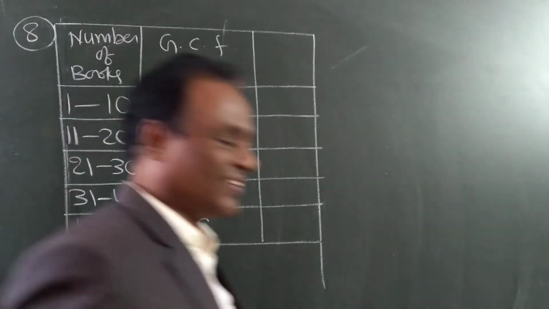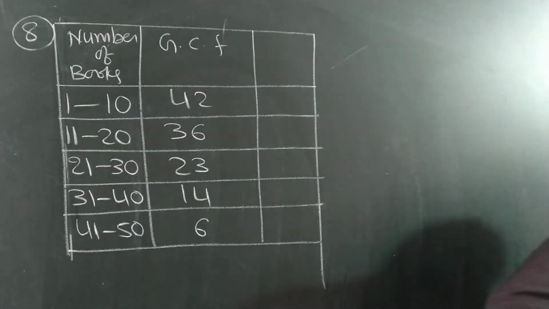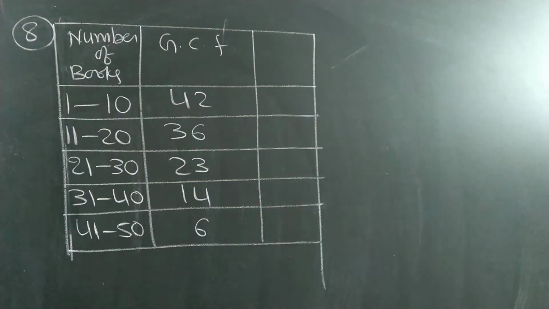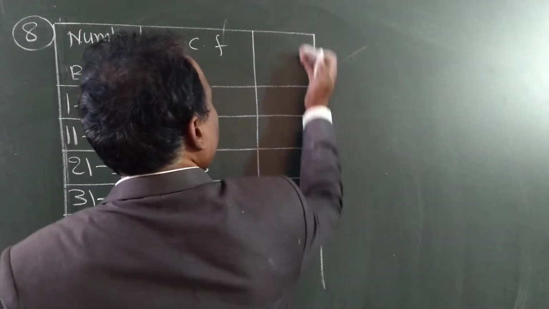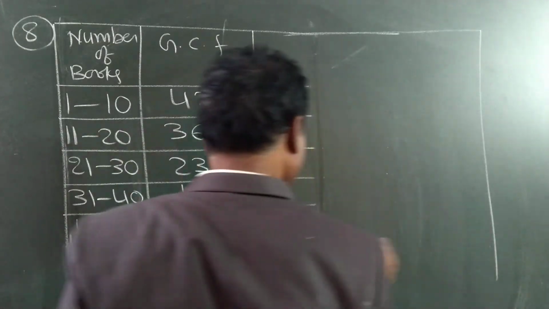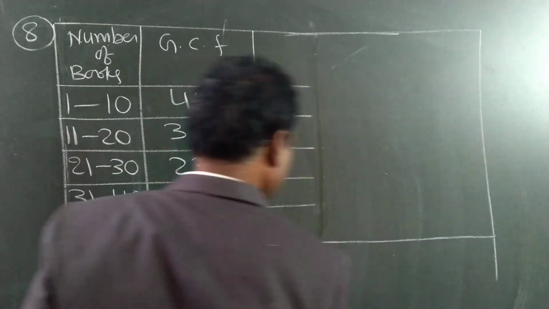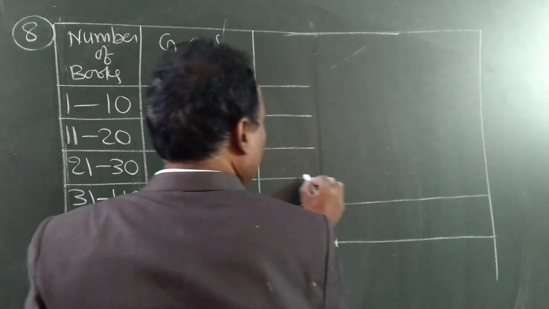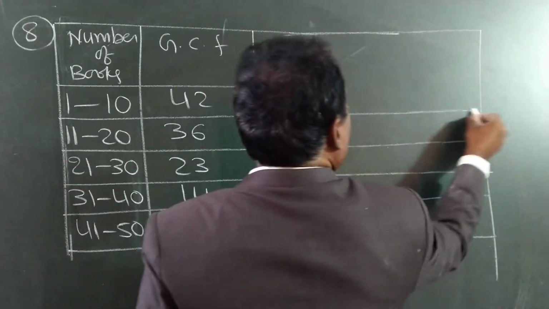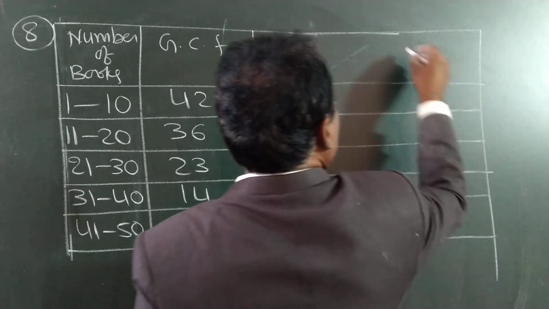Write the frequencies. Same as the previous problem. It is clearly given that this is the greater than cumulative frequency.